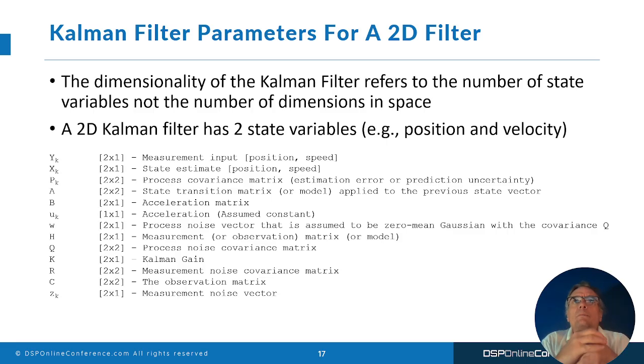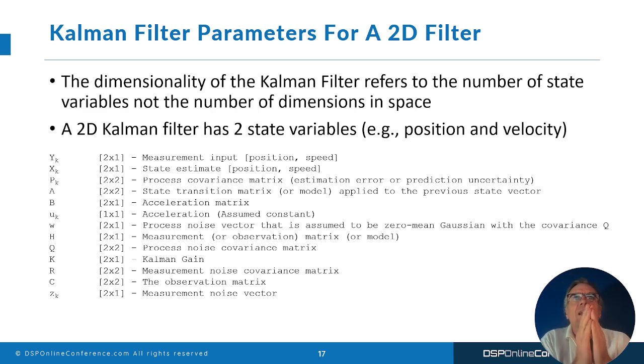where I have included a description for all of the matrices and vectors used in the Kalman filter. Now, these sizes of matrices and vectors assume that this is a 2D Kalman filter.